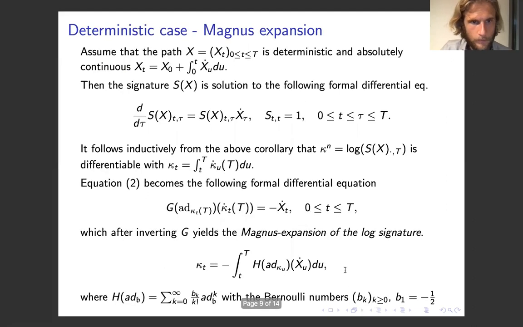So let me go into the boundary results of this theorem. In the deterministic case, for a deterministic and absolutely continuous path, the signature satisfies this formal differential equation.